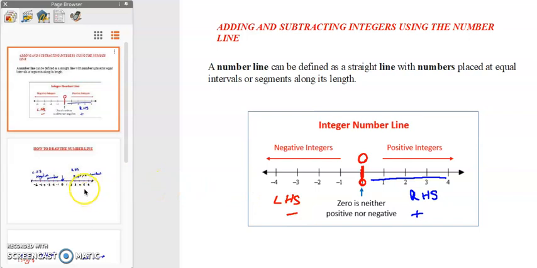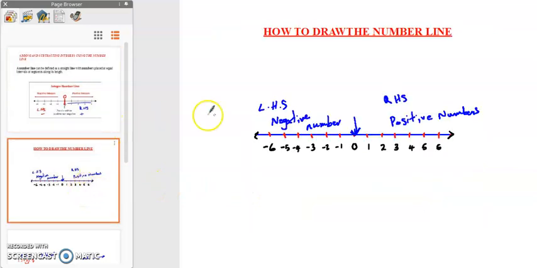When drawing the number line, you need a straight line, and each number should be an equal distance apart. The distance between negative 6 and negative 5 should be the same as the distance between negative 4 and negative 3, and so on. The space between the numbers should be the same right across the number line.